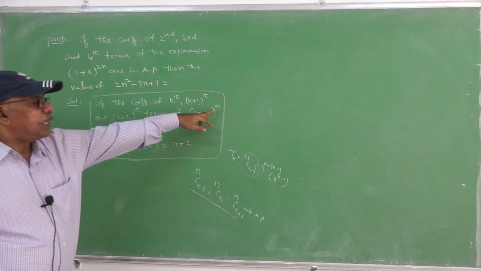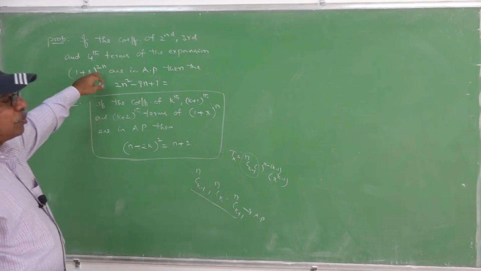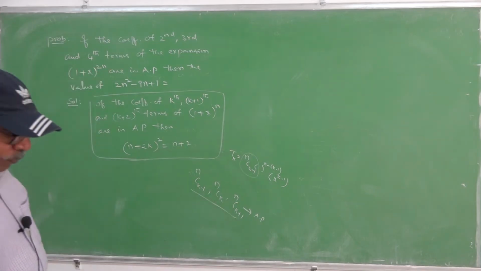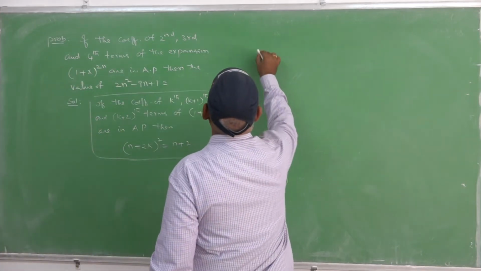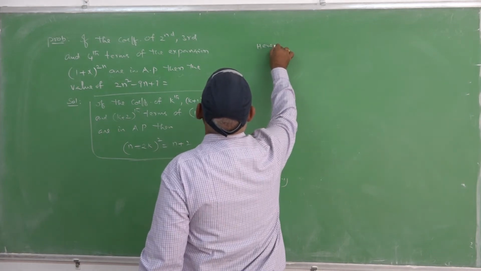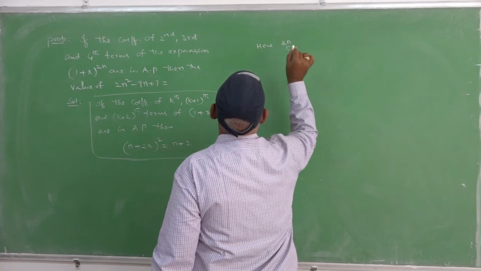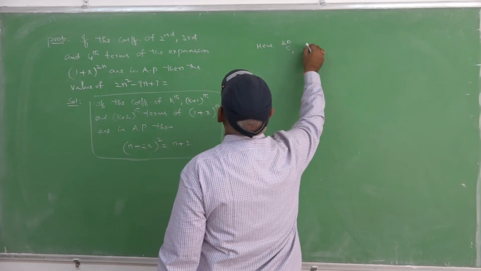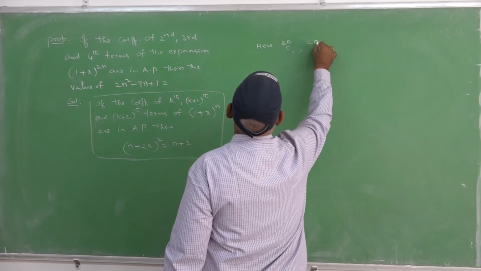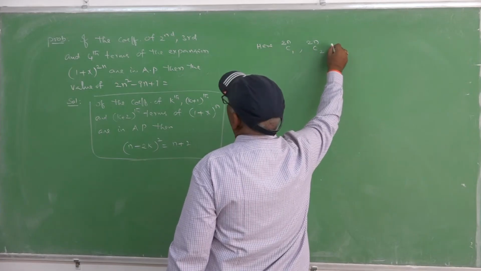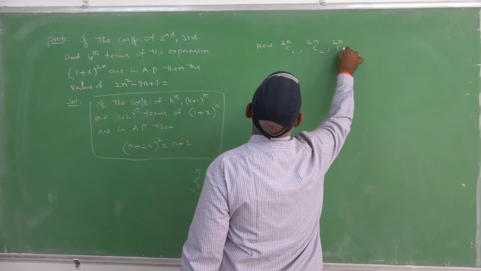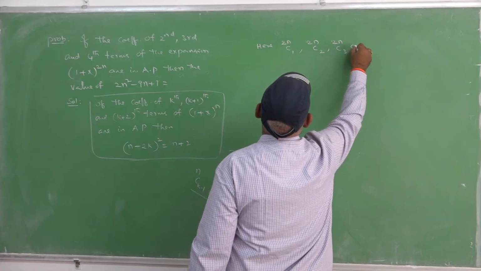And here, instead of n, we have 2n. So the second term coefficient is 2nC1, the third term coefficient 2nC2, the fourth term coefficient 2nC3, are in AP.